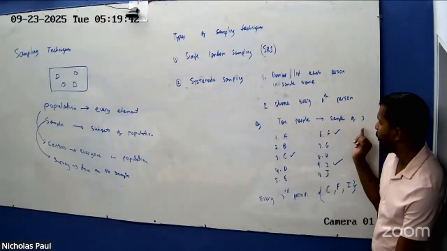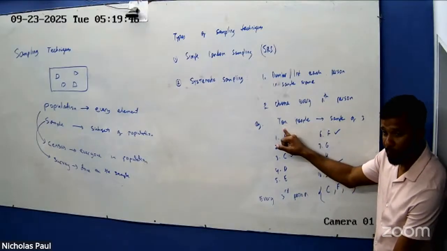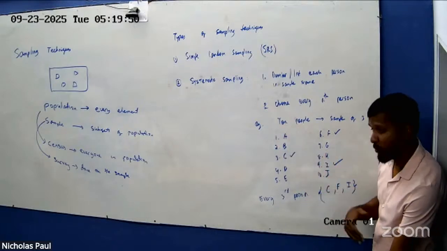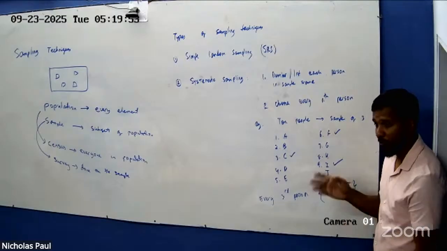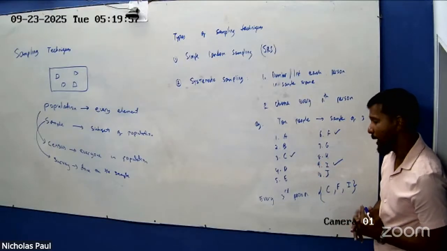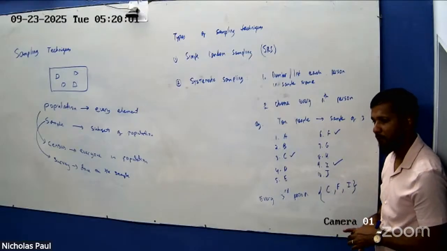So you list them out and then you choose every nth person. How would you know what position to use based on the number of people? 10 divided by 3, you get about 3.33, so you can round it down and choose every third person. Okay with that? Can anybody see a problem with something like this? Bias. Bias in terms of what?